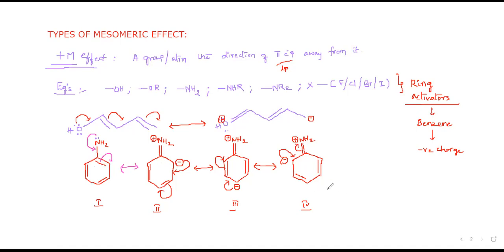So these are the 4 resonating structures observed in the positive mesomeric effect. So in all the resonating structures, benzene has what charge? Negative charge, negative charge, negative charge, negative charge. As benzene has a negative charge, these are called ring activators. Ring activators.